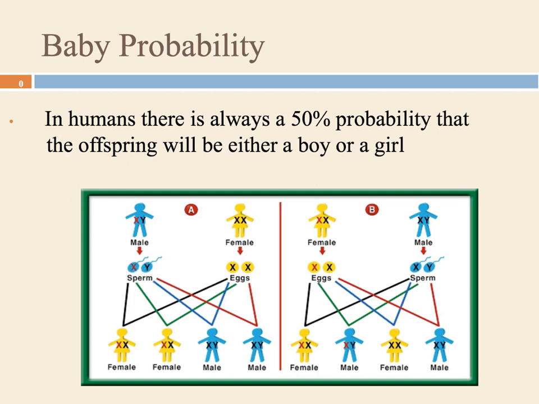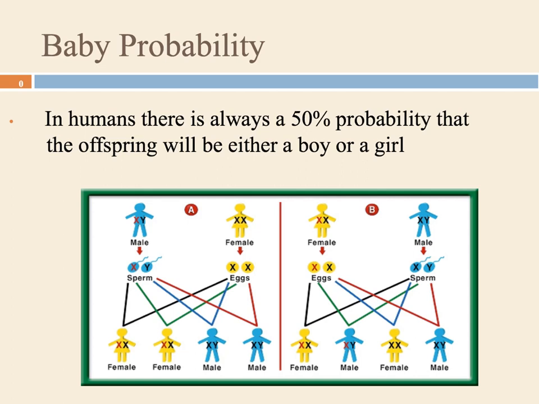If he gives an X chromosome, the child is going to be a female, and if he gives a Y chromosome, the child is going to be a male. So the probability is always going to be a 50-50 chance. All right. Sometimes you'll see a question of a couple that has had 10 children and all of them have been male, and they want to know what's the probability that their 11th child will be male.